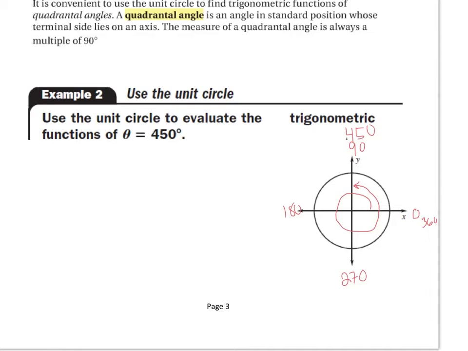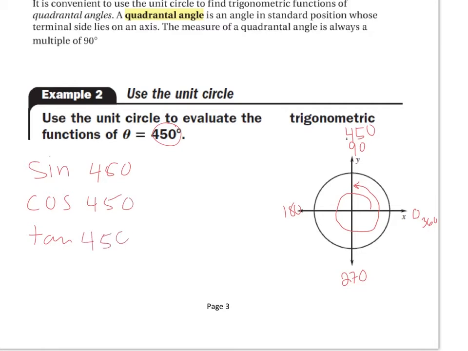So we're going to end right there on that y-axis above the x-axis there, and we can come up with those 3 trig functions that we care about: the sine, the cosine, and the tangent. Now that's going to be sine, cosine, and tangent of theta. Theta in this case is 450, so we'll call it the sine of 450, the cosine of 450, and the tangent of 450.